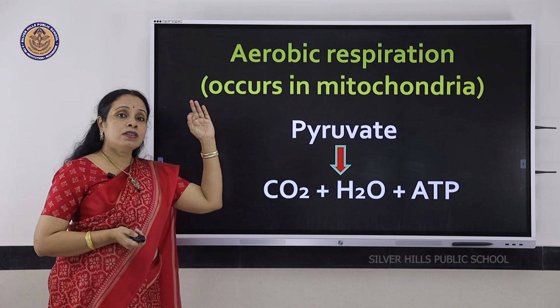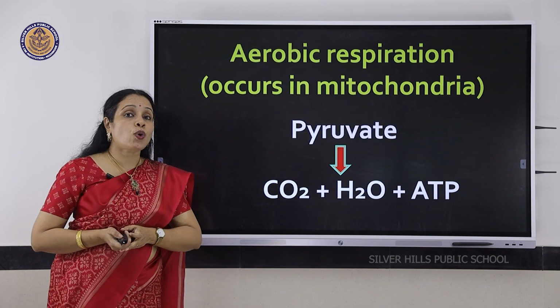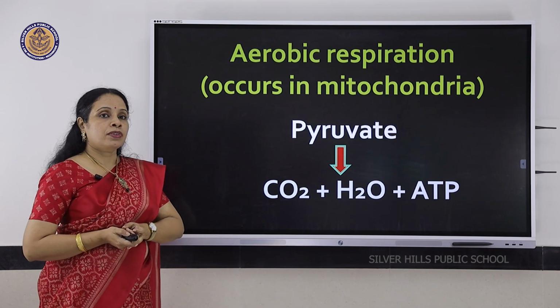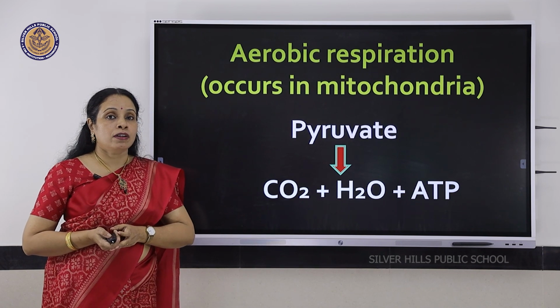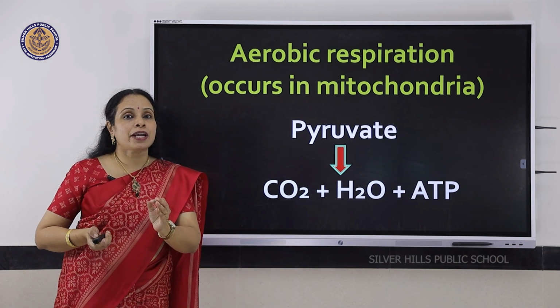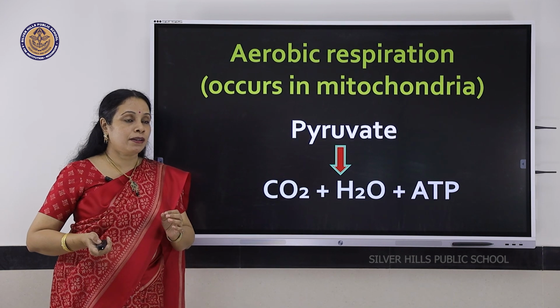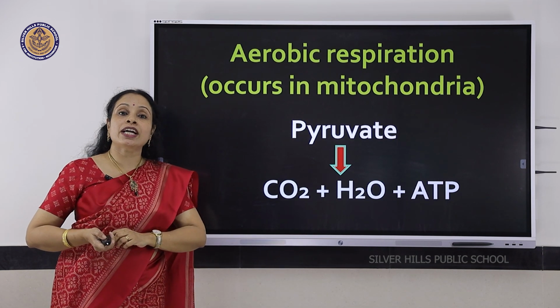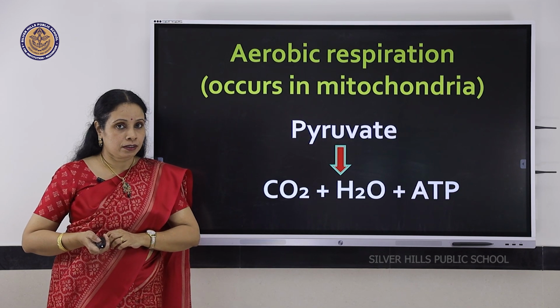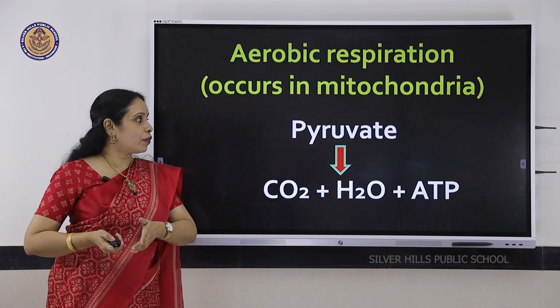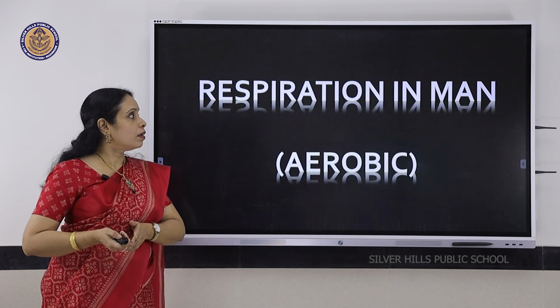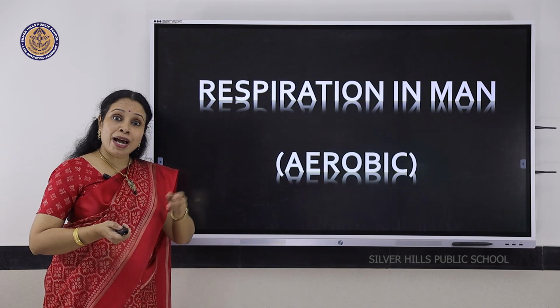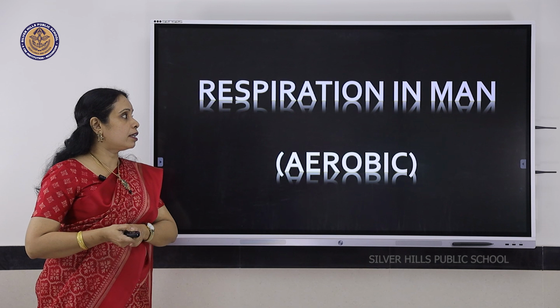Now, the third thing which can happen is aerobic respiration. Respiration happening in the presence of molecular oxygen. It generally happens in that organelle called the mitochondrion. Plural is mitochondria. Respiration in man is also aerobic.